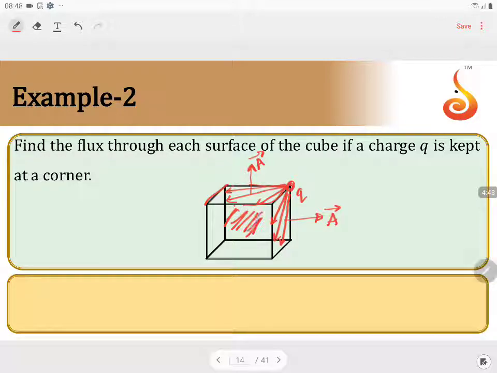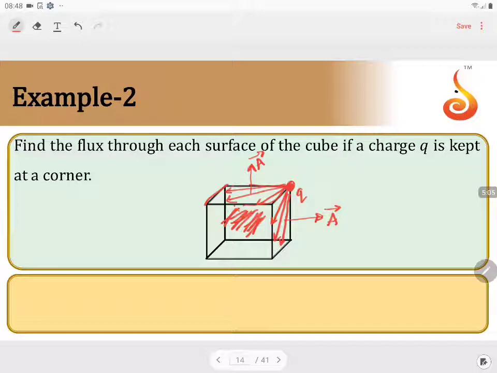So the flux over three faces will be 0. What are these three faces? These three faces are the ones joining the point charge, which touch the point charge.